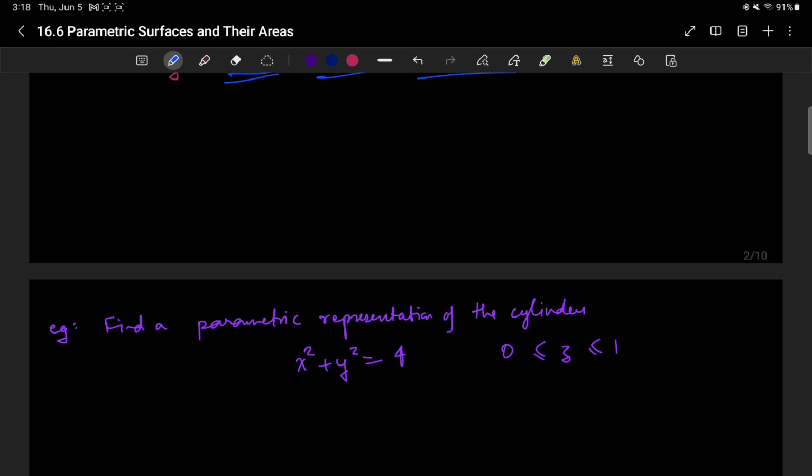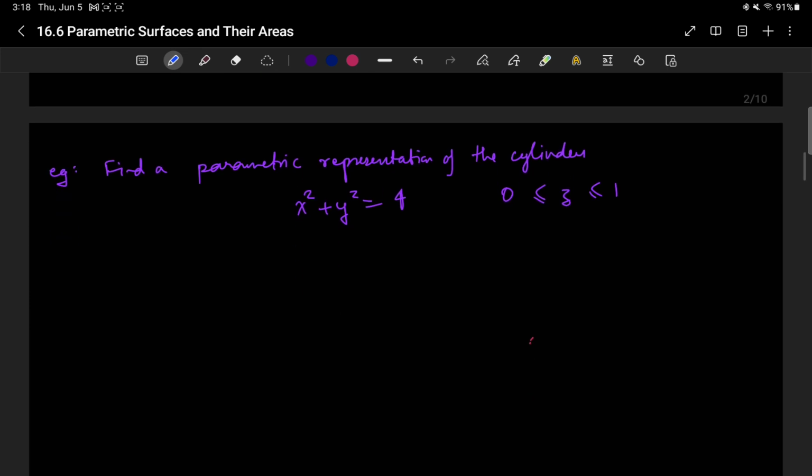So let's look at a question which is slightly different, which says: find the parametric representation of the cylinder given by x squared plus y squared equals 4 and z between 0 and 1. Because this is a circle, we know that the best parameterization we have is cosine theta and sine theta, and z is just z, but between 0 and 1.